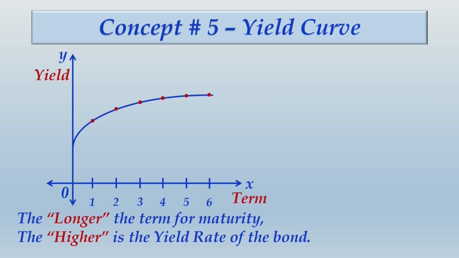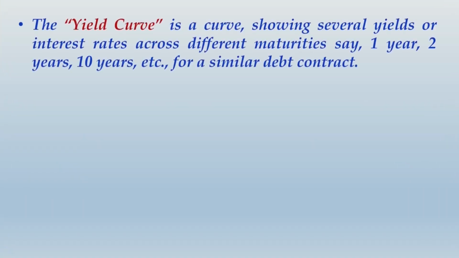Let us do one thing. Let us move ahead and talk about the characteristics that we have learned through this yield curve concept. The yield curve is a curve showing several yields or interest rates across different maturities, say 1 year, 2 years, 10 years, etc., for a similar debt contract.